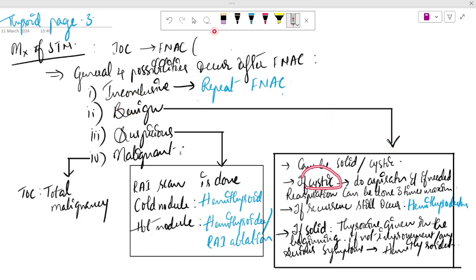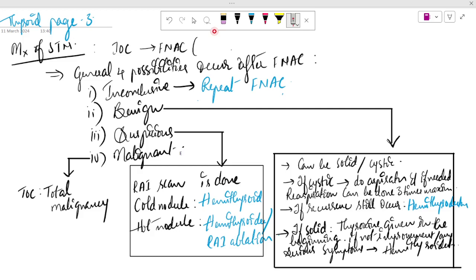If it is a cystic condition, you simply do aspiration, and this reaspiration can be done a maximum of 3 times. But if even after reaspirating the cyst 3 times the recurrence still comes, then you go for total thyroidectomy.